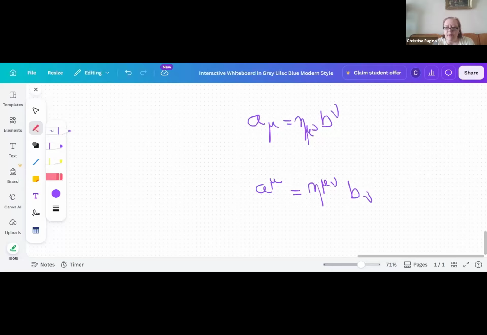Okay, so there exists another Lorentz invariant, the proper time.